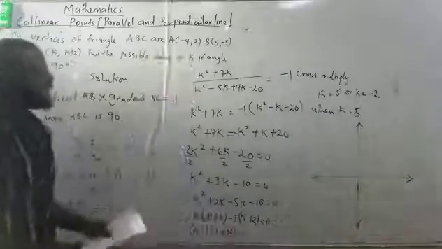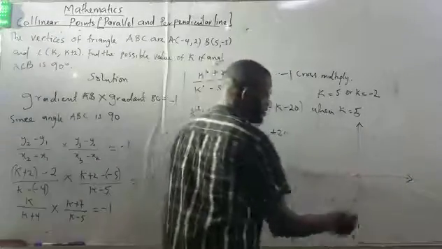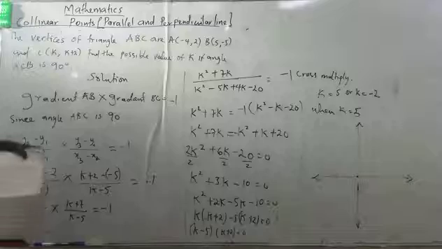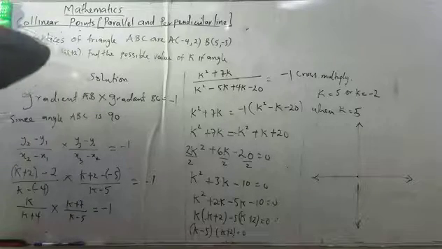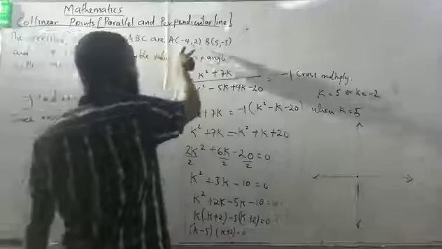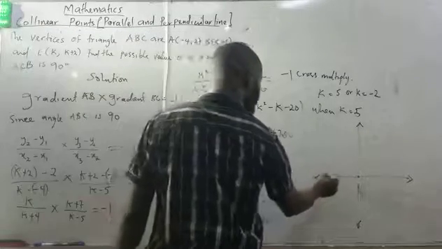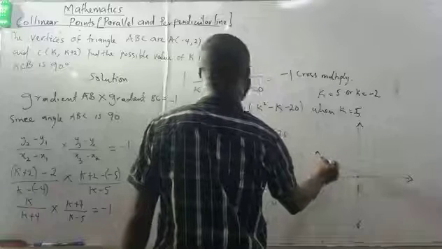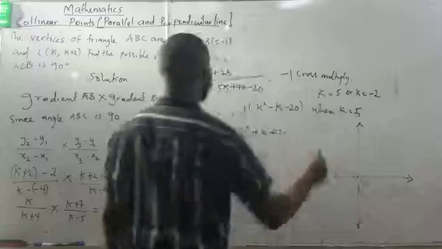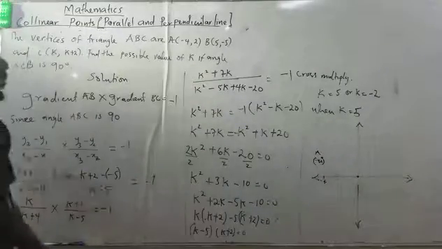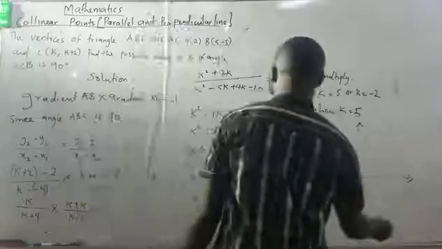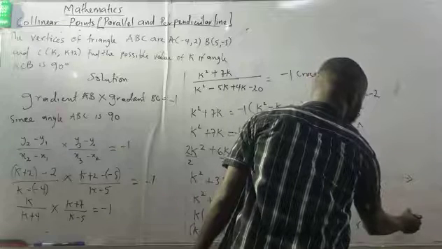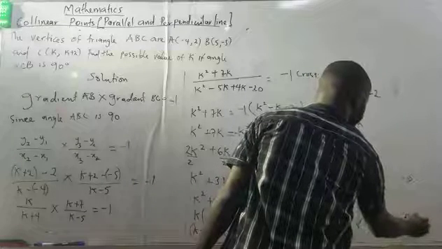Now, this is the origin, and for me to get a triangle, when k equals to 5, point A will be, let's assume this is minus 4, and 2, so A is minus 4, comma 2. And B will be 5, comma minus 5.